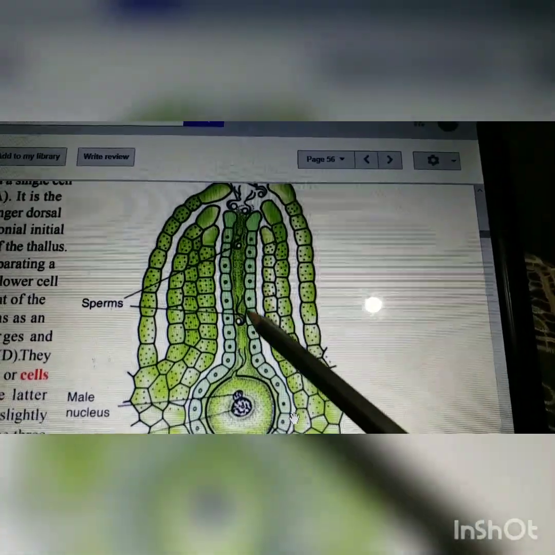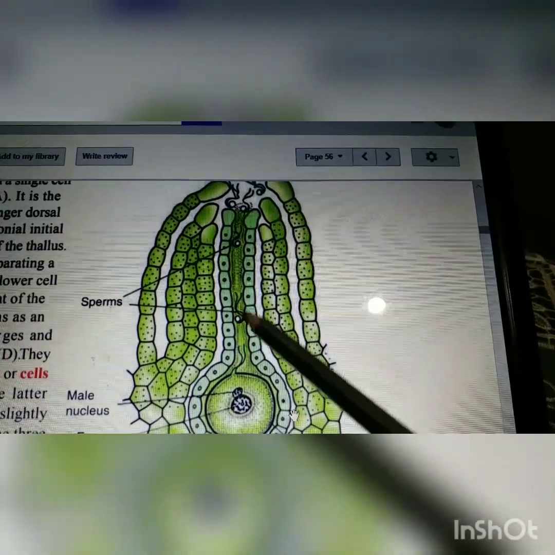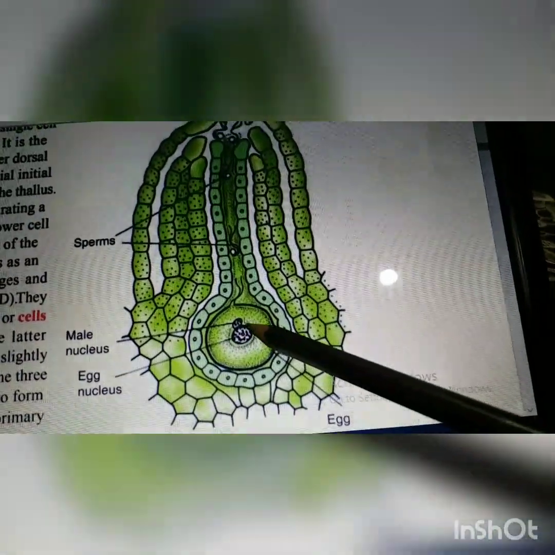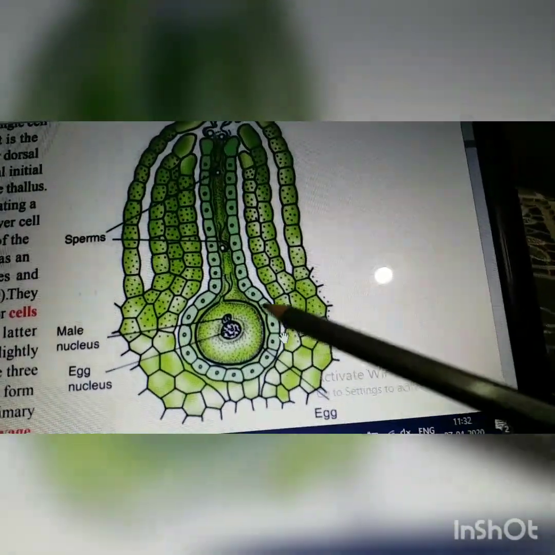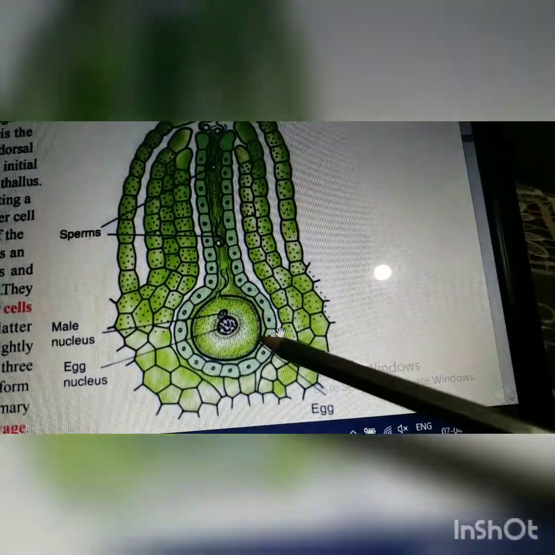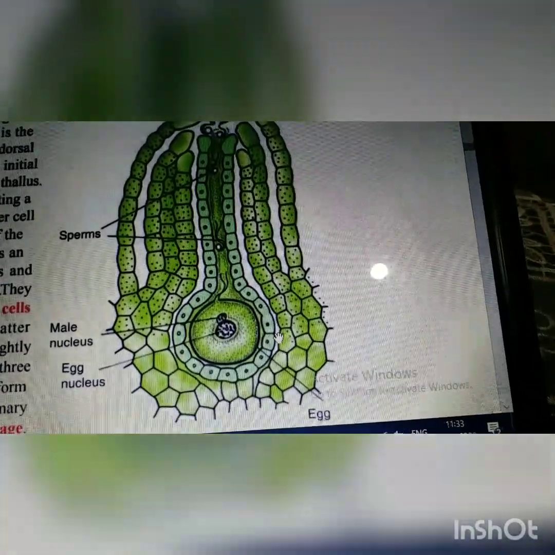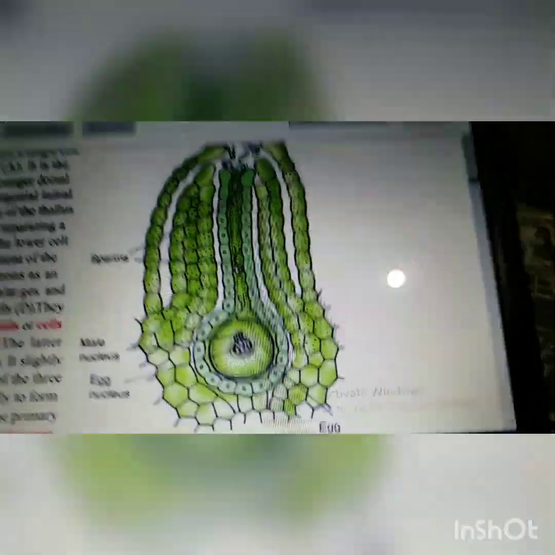Under chemotactic movements, they move towards the egg, and they form the zygote. And the zygote is the first stage of the start of the sporophytic generation, right?